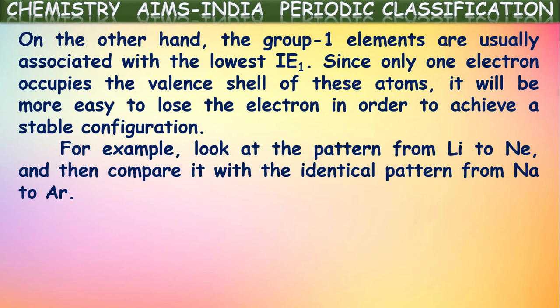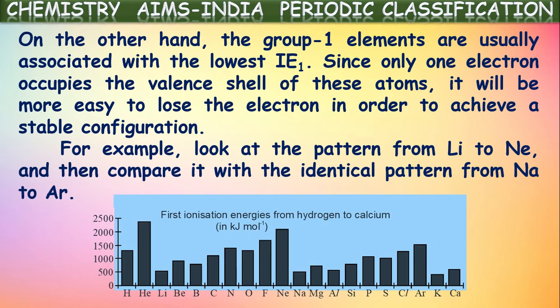One more example they are mentioning here is lithium to neon and sodium to argon. They have shown the variation of ionization energies in a graphical way, a bar graph. See, from hydrogen to helium, it increased. In the first period, it gradually increased. And from lithium to neon, of course, there are some slight changes, but generally we can say ionization energy gradually increased.